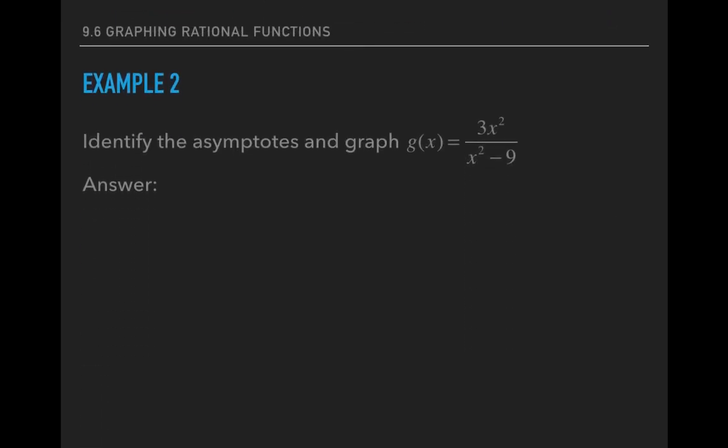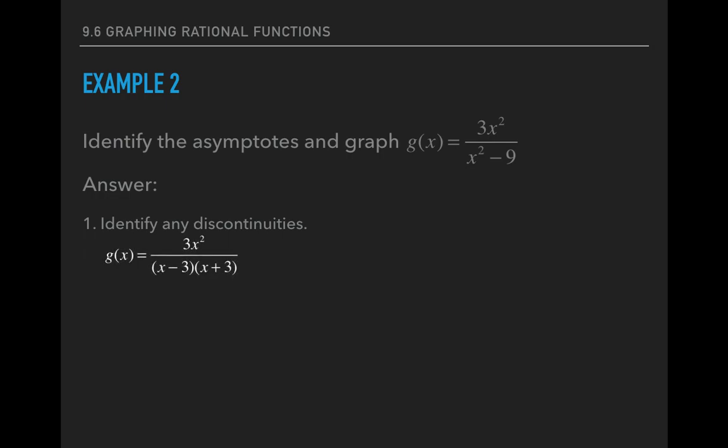So let's do this. Let's identify the asymptotes and graph g. To do this, we need to figure out our discontinuities, and that will give us the ability to find any vertical asymptotes or point discontinuities, which we need to show when we're graphing.